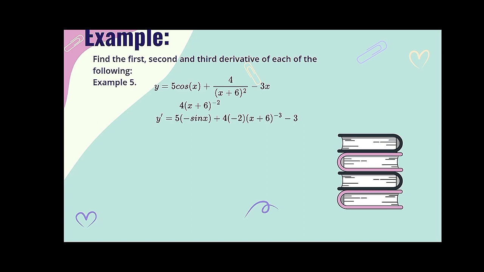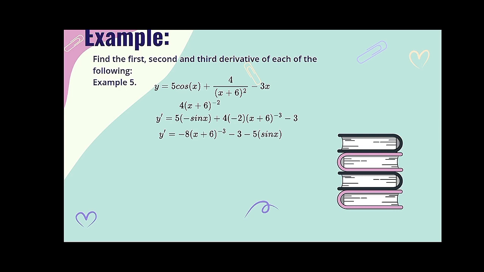And the derivative of negative 3x is negative 3. So we will now simplify 4 times negative 2, which is negative 8. Then copy the quantity of x plus 6 raised to negative 3, then copy the negative 3, and distribute the 5 and negative sine x, which will become negative 5 times sine of x.